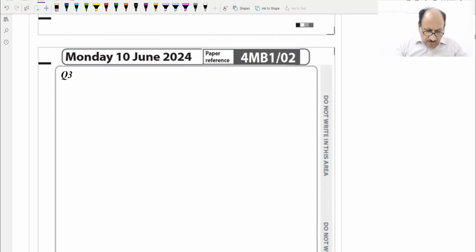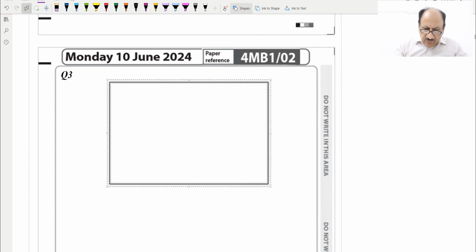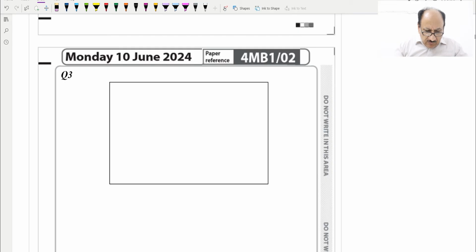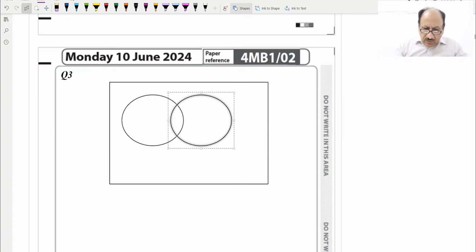Okay, so this is the rectangle, and we need 4 circles also. One circle will be over here. We can draw one circle. I will extend a little to this side, and we can take another circle over here, which should be like this one, 2 circles. And there is a third circle as well which we can draw here.